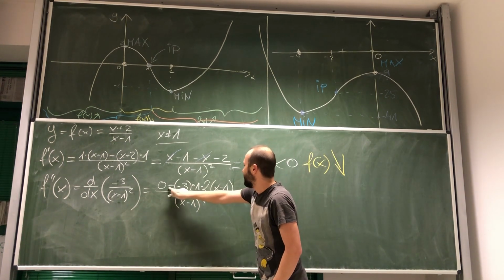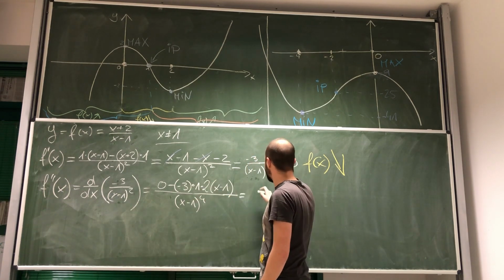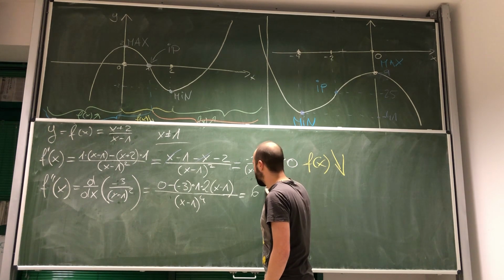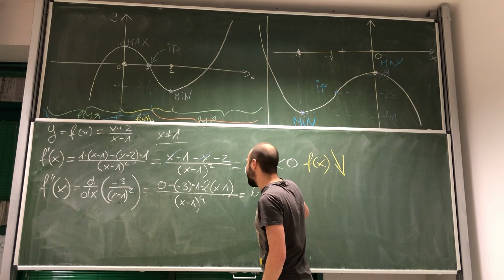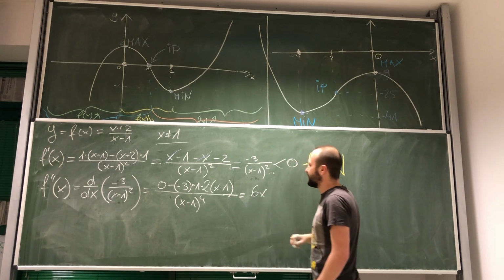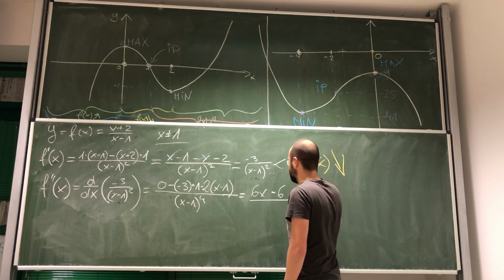This minus and minus gives us plus, so we've got plus 3 times 2, this gives us 6. 6 times x equals 6x, and 6 times minus 1 is equal to minus 6.